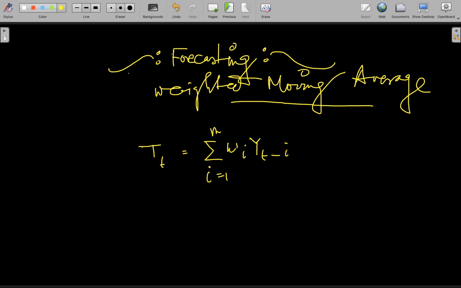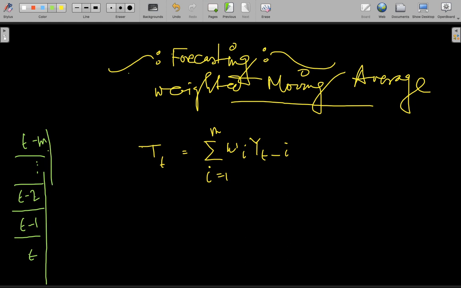So we are taking a trailing window concept here, and let me explain this equation in terms of a table. Say this is my tth period, then I'm taking the values t minus 1, t minus 2, and so on, up to t minus m, right?